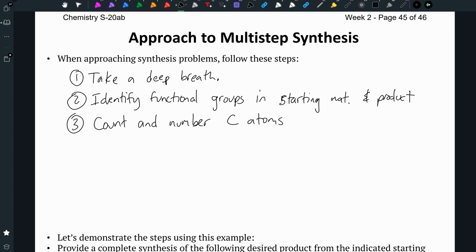And then two key things. You're going to look for new carbon-carbon bonds. Those are a little tough for us to form right now, but as you move on in organic chemistry, those become key steps in syntheses. And also try to match up the carbons in the starting material with specific carbons in the product.